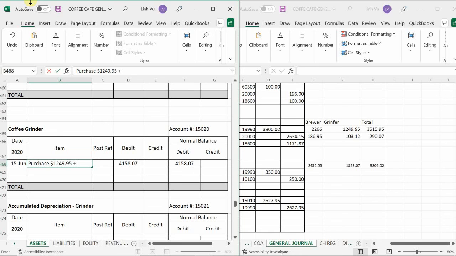Plus 8.25% tax of 103.12. Plus $175 in shipping.